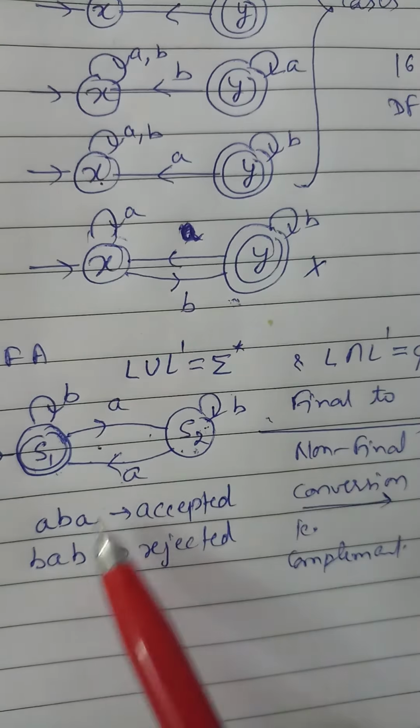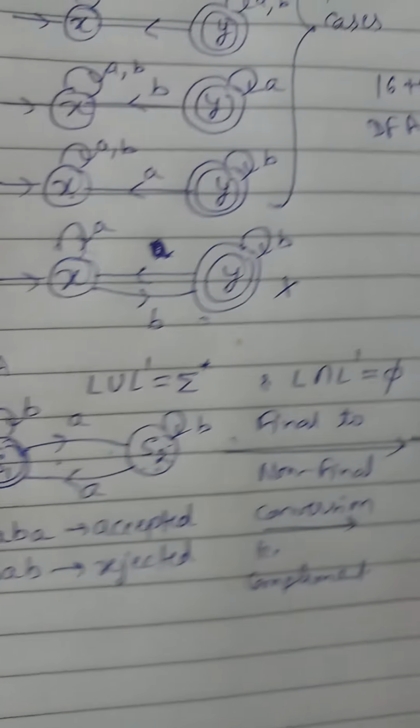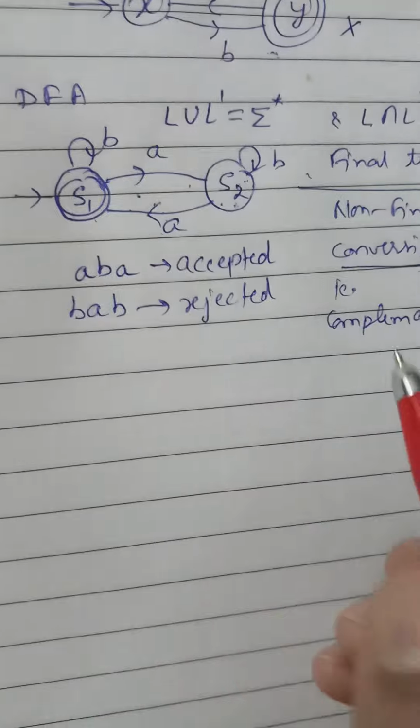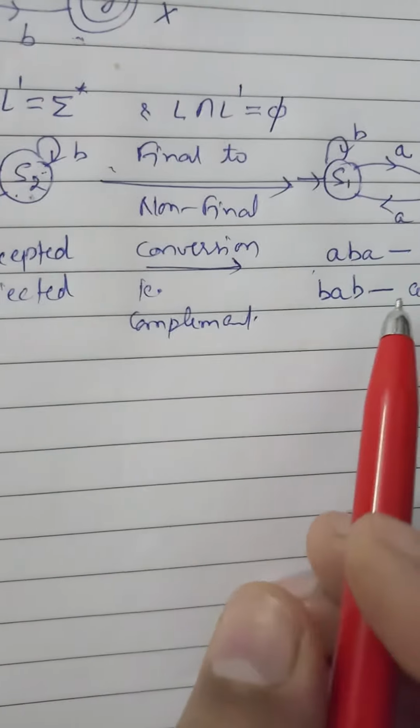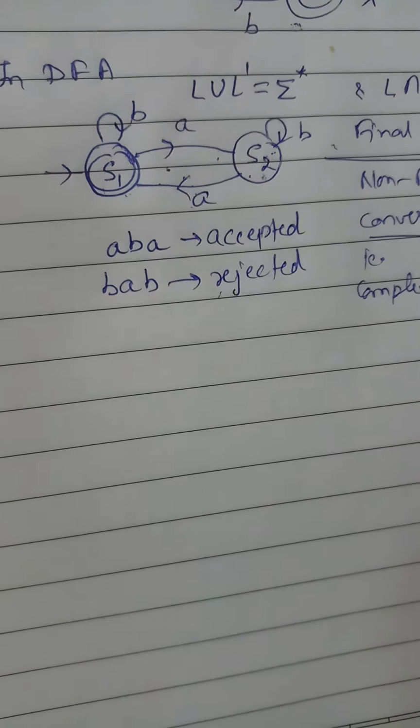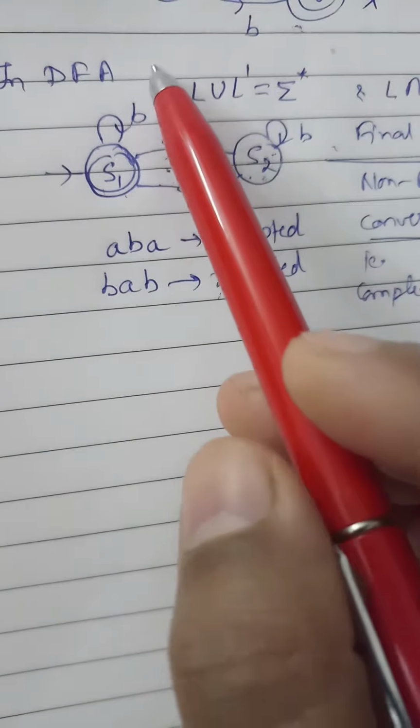Whatever strings are accepted in the first DFA will be rejected here, and whatever strings are rejected there will be accepted here. So this is the complement. Whatever is accepted here will be rejected, and whatever is rejected here will be accepted. So this is the working of DFA.